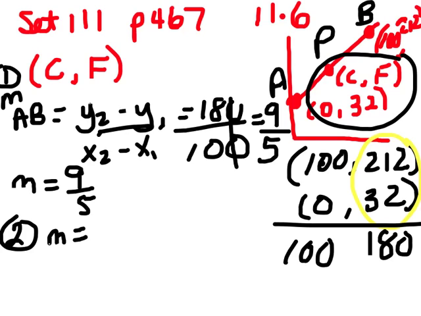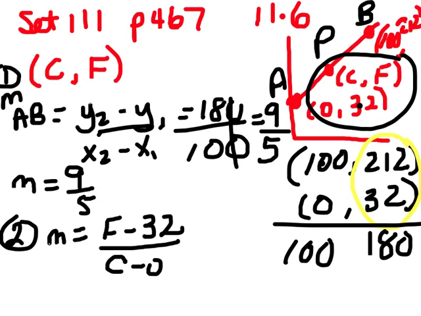I know these are the conversion formulas, and I want them to turn out to look like the conversion formulas, so it might be easier if I just said, okay, if I subtract my y's, couldn't I just say F minus 32 on top? Because that's what we do, we subtract our y's on top. And on the bottom, if I subtract my x's, that would be C minus 0. What is C minus 0? C. So the slope is equal to F minus 32 over C.